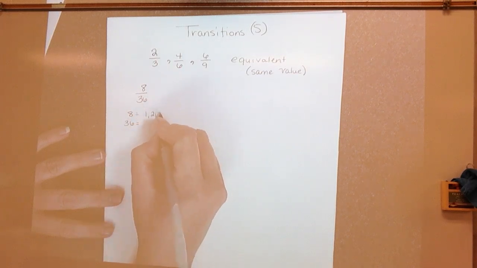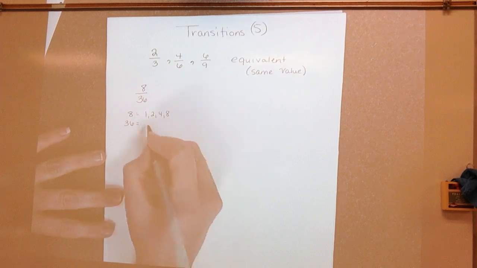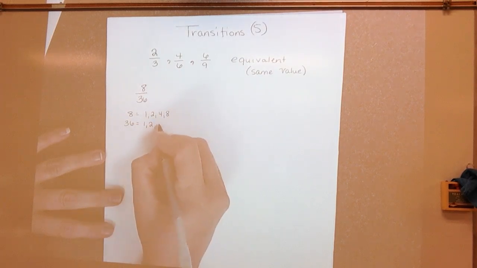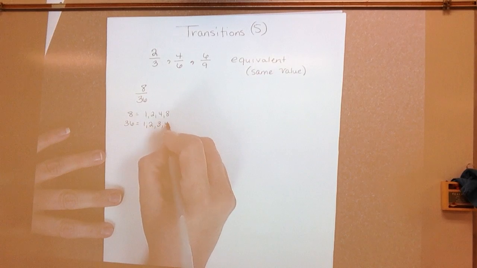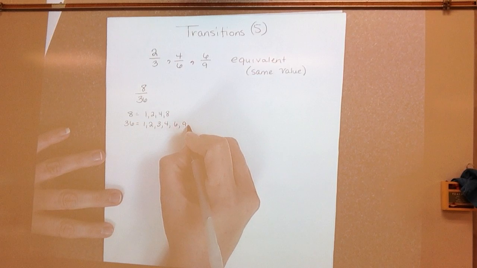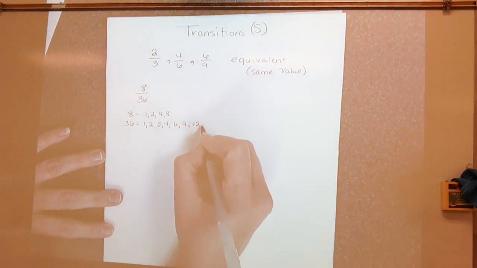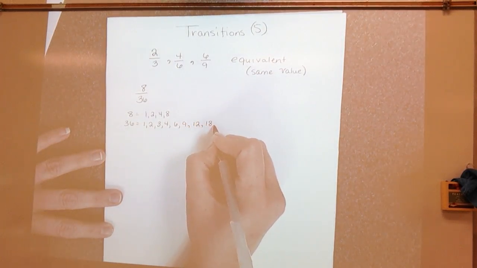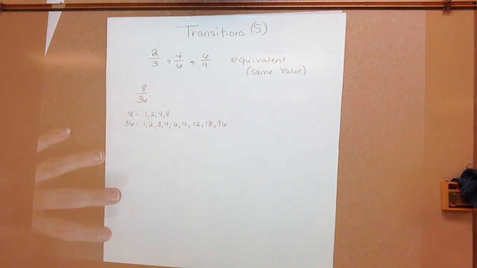1, 2, 4, and 8. 1, 2, 3, 4, 6, 9, 12, 18, 36. Now, if you remember, greatest common factor is the biggest number that they have in common.